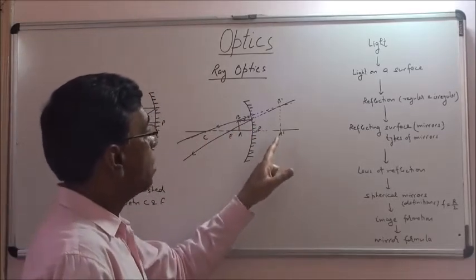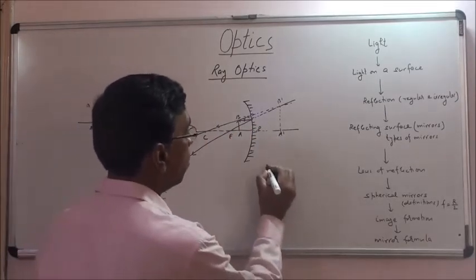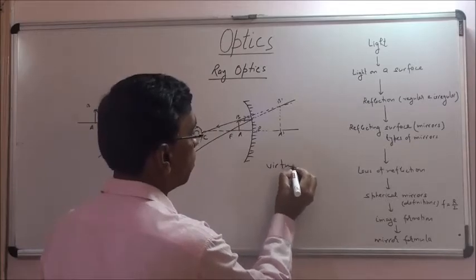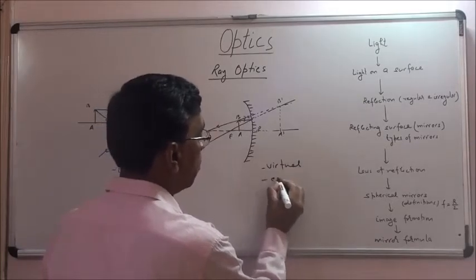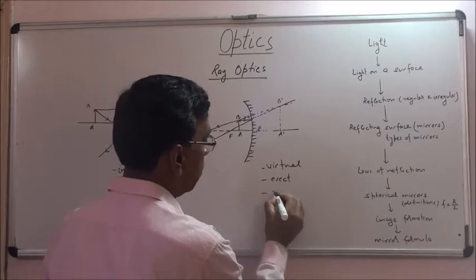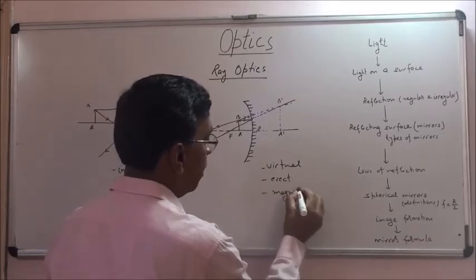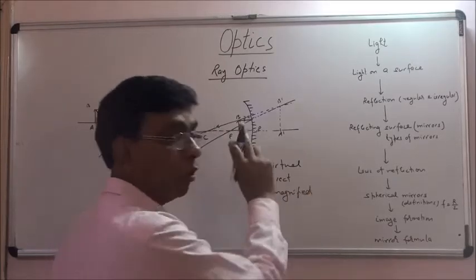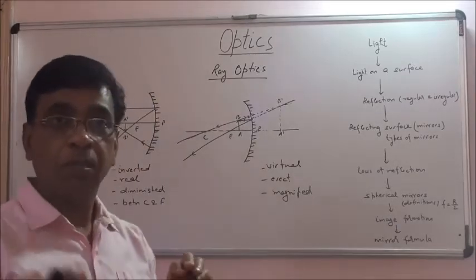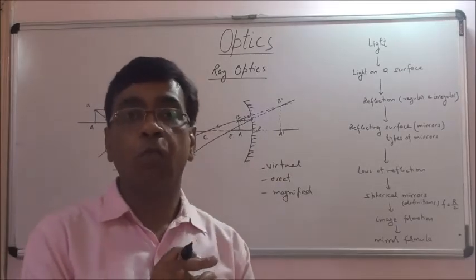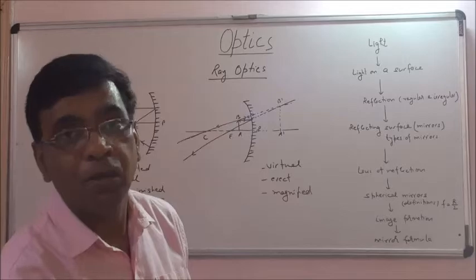Okay, so this is virtual, erect and magnified. This is the only case in concave mirror when the object is placed between focus and pole that the image will be magnified.